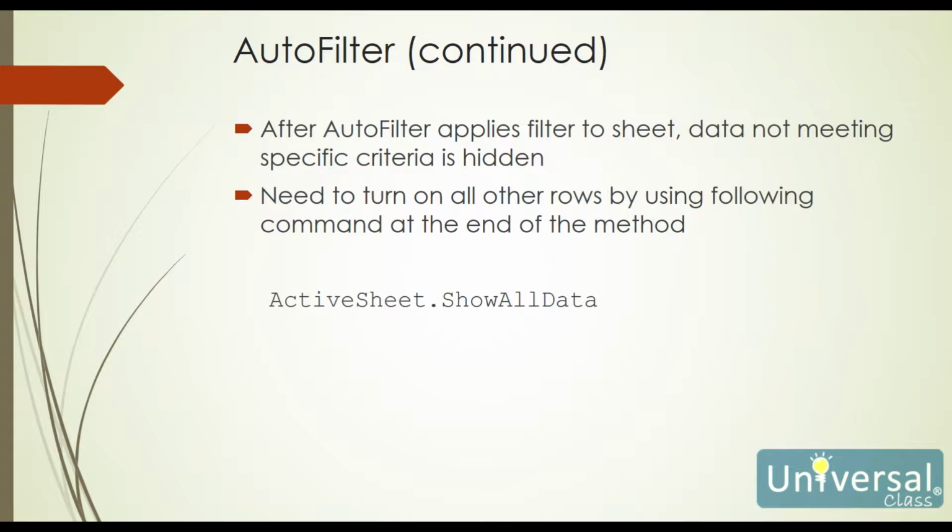If we apply conditions to, say, a range of objects, and we want to find all of the specific versions of a car, only that particular car would be shown because it filters out all of the rest of the data. If I want to show all of the rows and just color the rows that match that criteria, the other ones would be hidden, so we have to turn those back on.